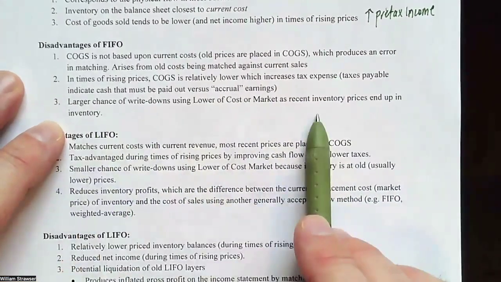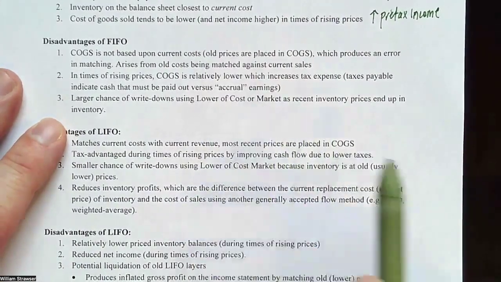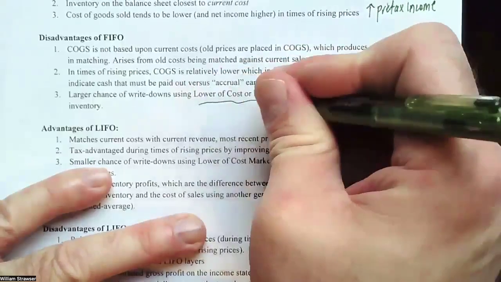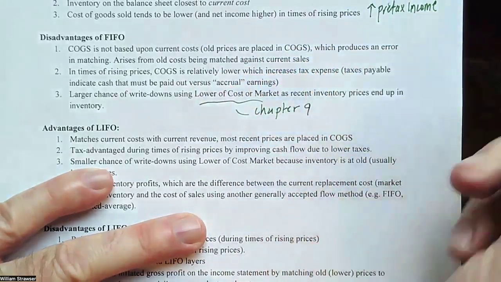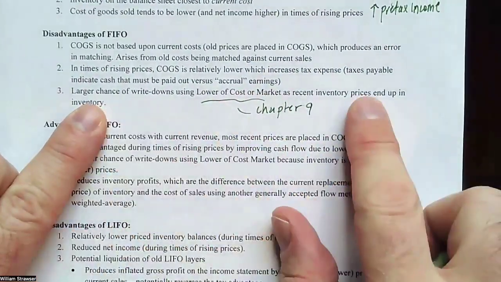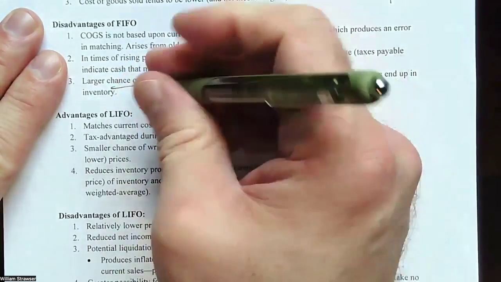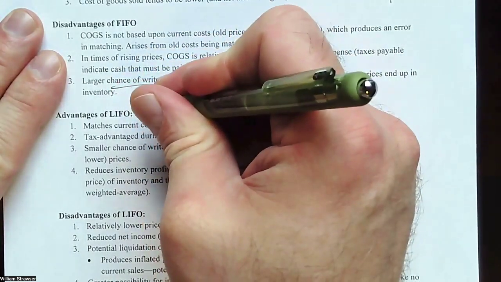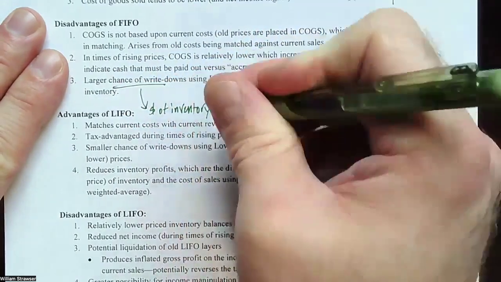There's a larger chance of write-downs when we apply a lower of cost or market method. That's chapter 9. We will see this in chapter 9, so kind of tuck it away. But basically, the reason there's a higher chance of write-downs is because the inventory account, the dollar value, is based on recent prices.